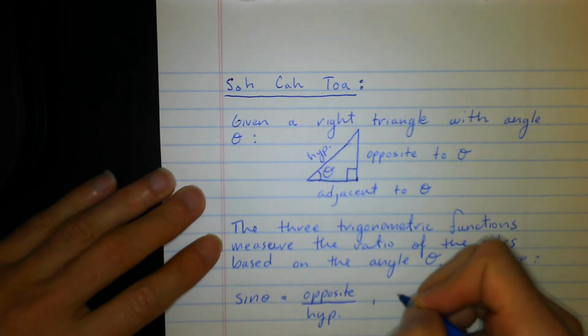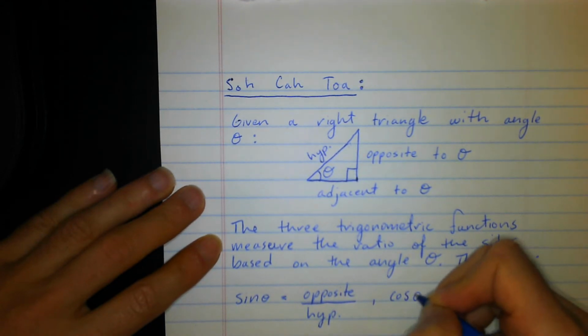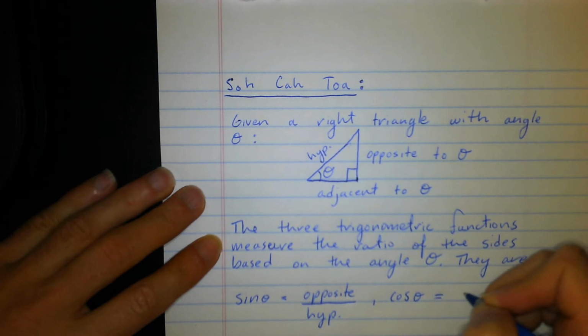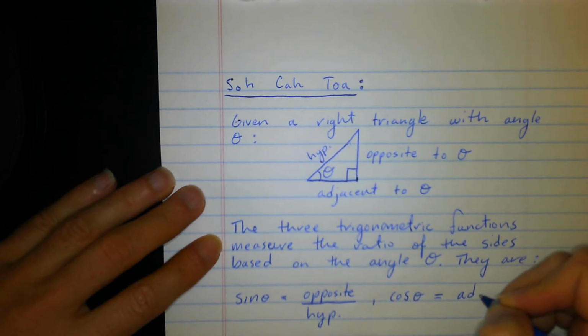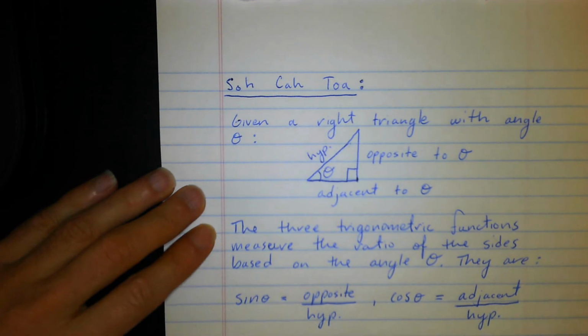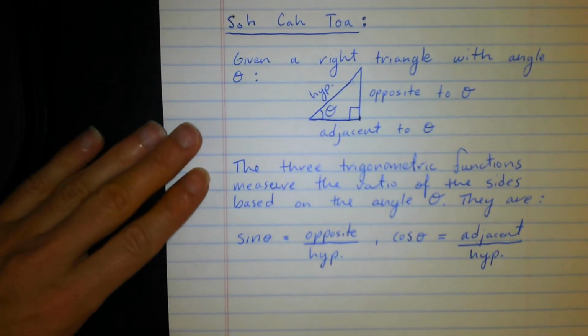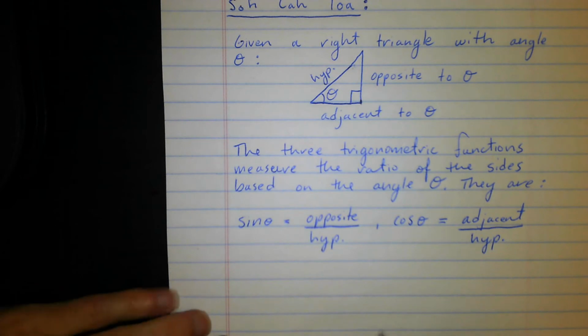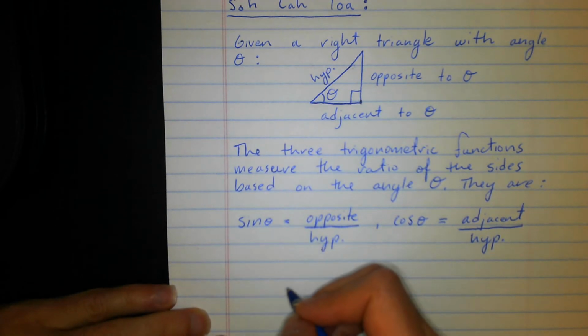And then there's a second one, cosine of theta equals adjacent over hypotenuse. And then there's a third one. Actually, there are even more than this, but these are the three main ones.